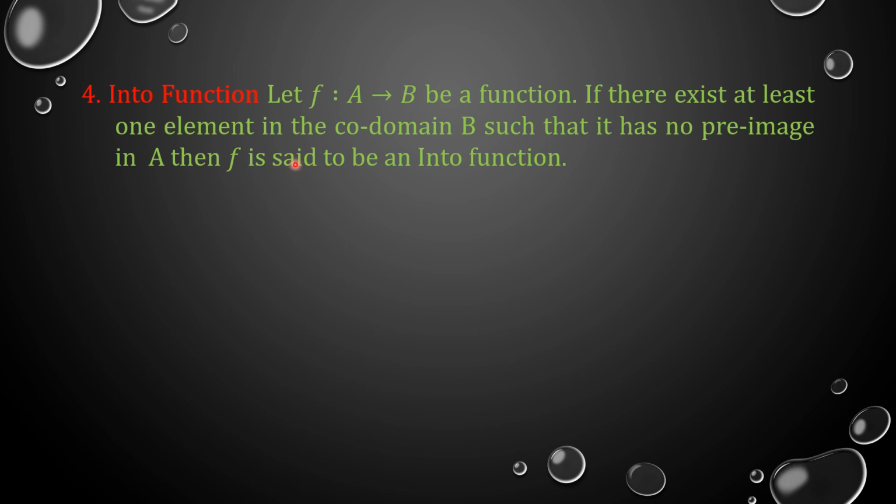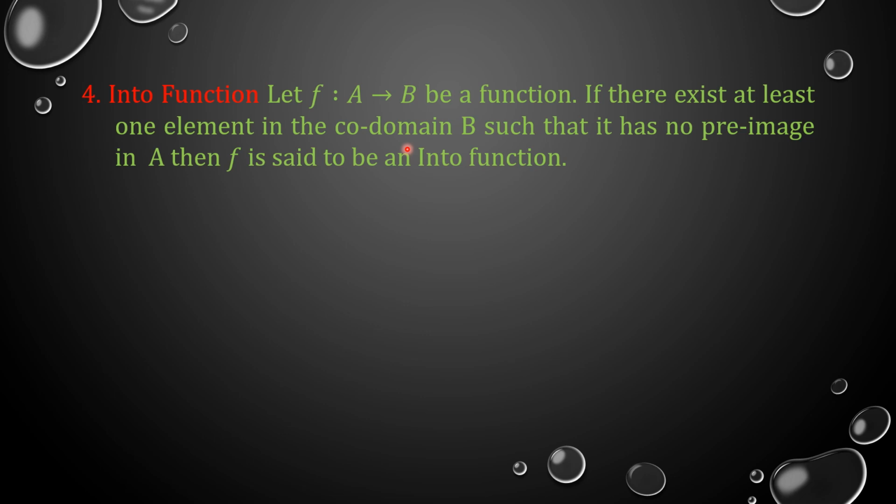Now this time we are going to discuss into function. Into means, in a very simple sentence, if a function is not onto, this is an into function. You see the definition here: if f is a function from A to B, and there exists at least one element in the codomain set which has no pre-image in the domain set, that means in the codomain set there is at least one free element.